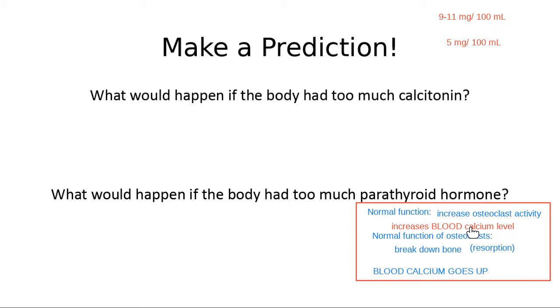So parathyroid hormone's job is to help your blood calcium level go up to get back to normal. When my blood calcium is too low, I'm going to spit out parathyroid hormone because it's going to help me raise my blood calcium level. That's the first thing that we just need to memorize. Parathyroid hormone makes blood calcium go up.